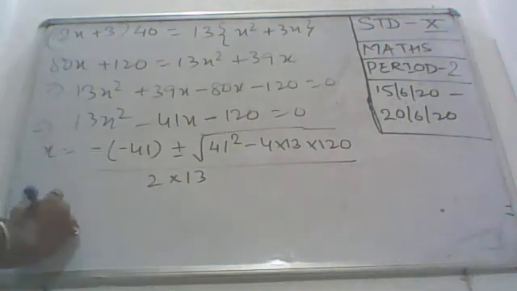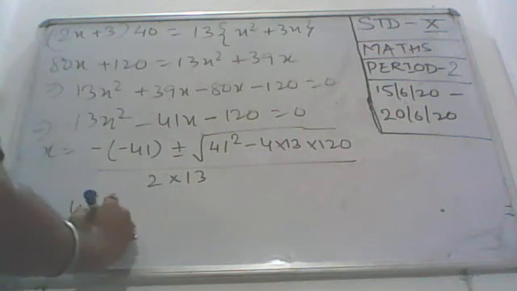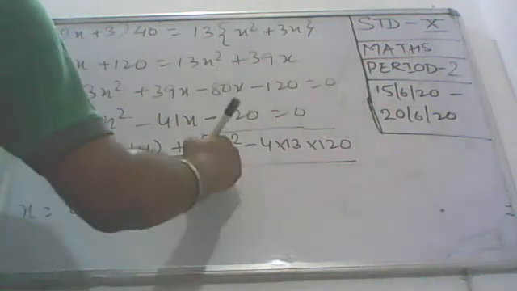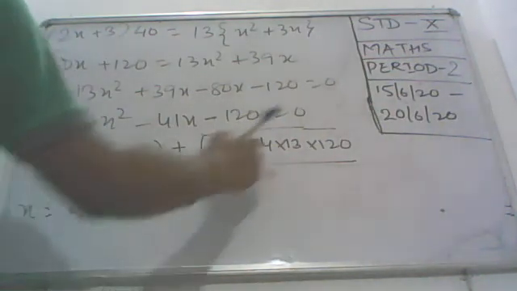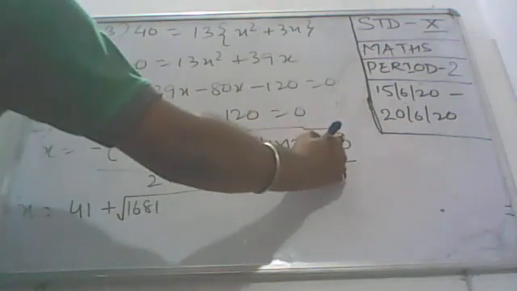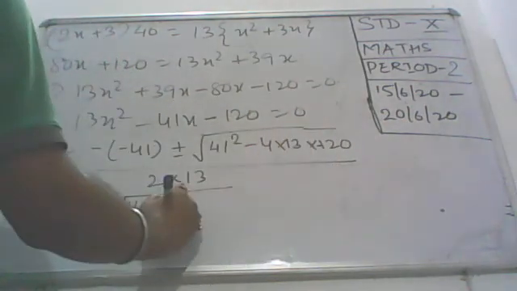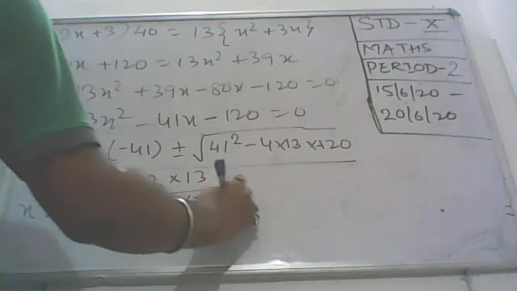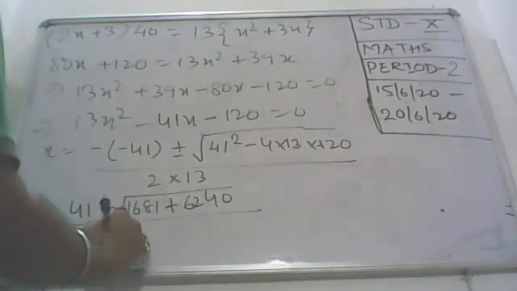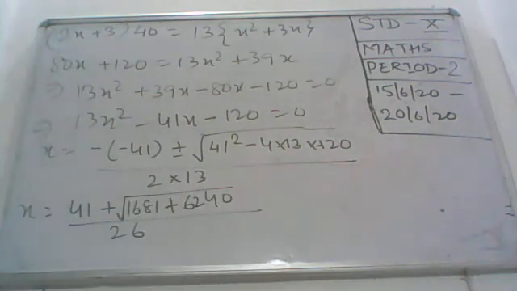So x is equal to 41 plus minus under root, this is 1681, and here minus 120, that means minus minus plus, so this will become 6240 divided by 26. Okay, see, calculations will be lengthy, we have to be patient, so don't lose your patience here.